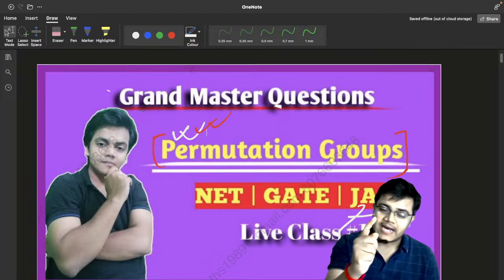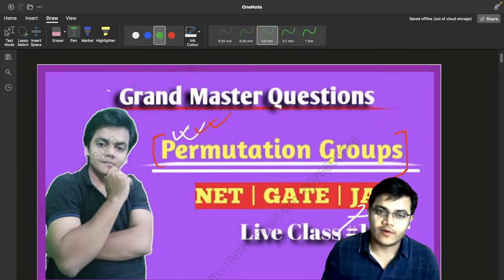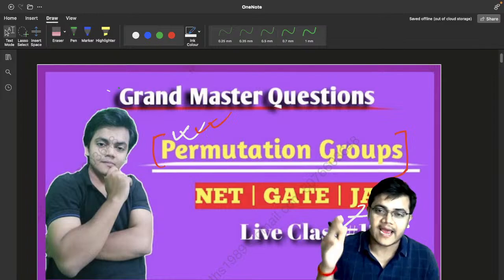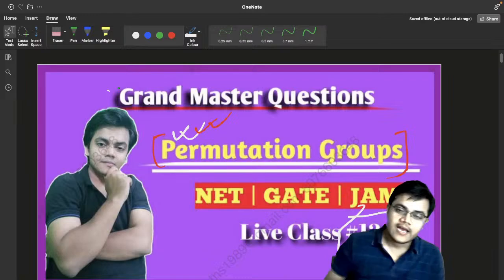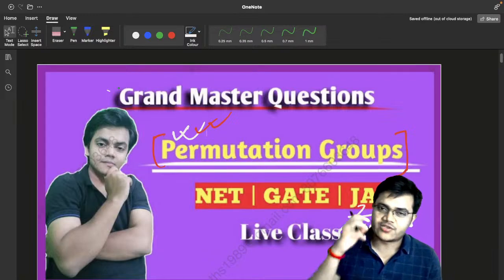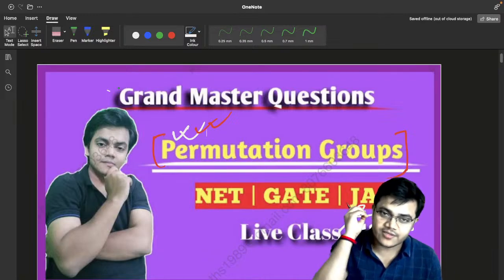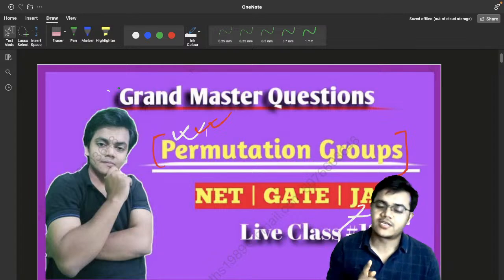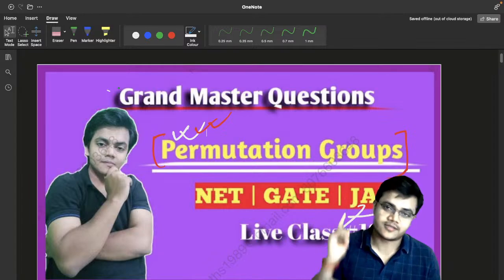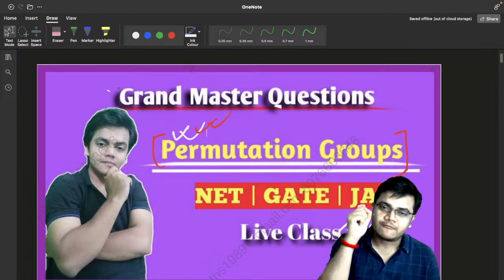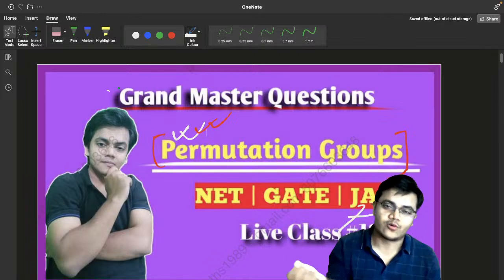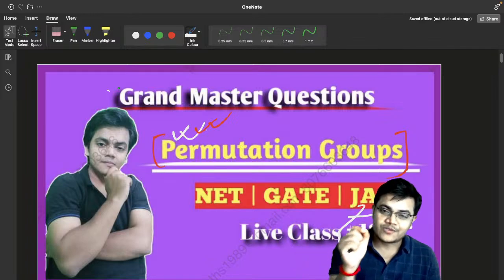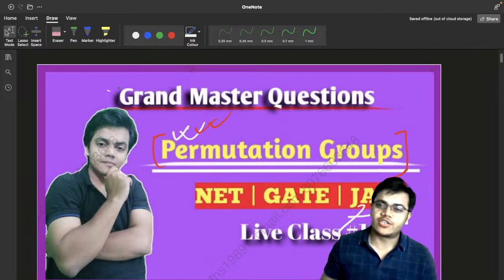But I have written something over here. You can see the words grand master questions. What does it mean? It means we will try our level best to understand everything with the help of questions, some very beautiful but interesting, and you can say hard also, because this is the very first class on permutation groups.